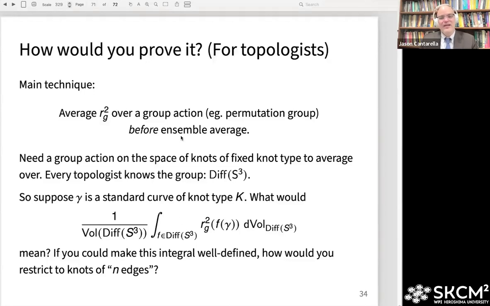So could you define some sort of integral average over the diffeomorphism group and do it, giving you a simpler thing for radius of gyration? Of course, if you could do this whole thing, then you would know the radius of gyration over unknots. But maybe there's some subgroup of the diffeomorphism group that you could use. Of course, I don't know how to restrict this to knots of n edges. So that's another interesting and hard analysis question that I would love to discuss with people if anyone has an idea how to do it.